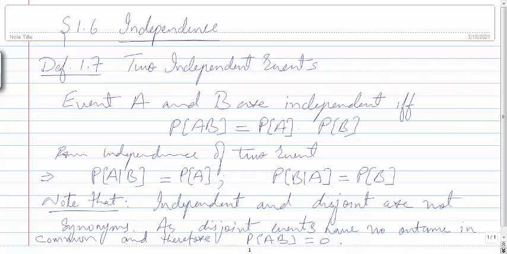So exceptions only occur at disjoint events.